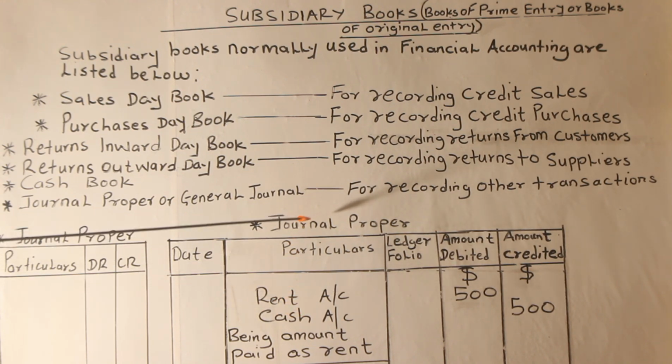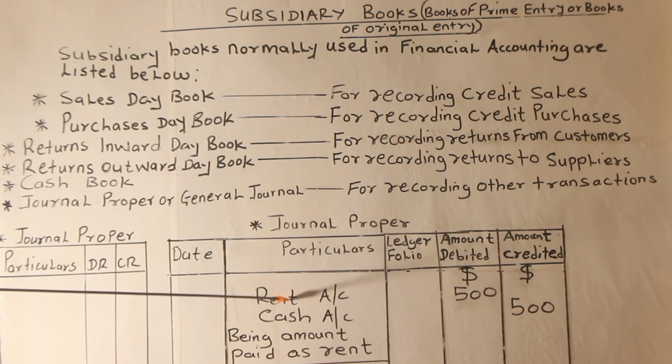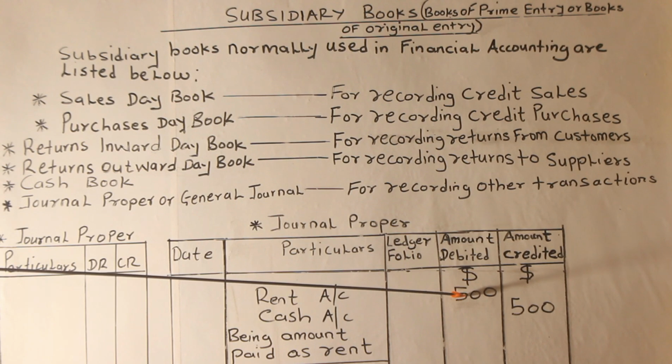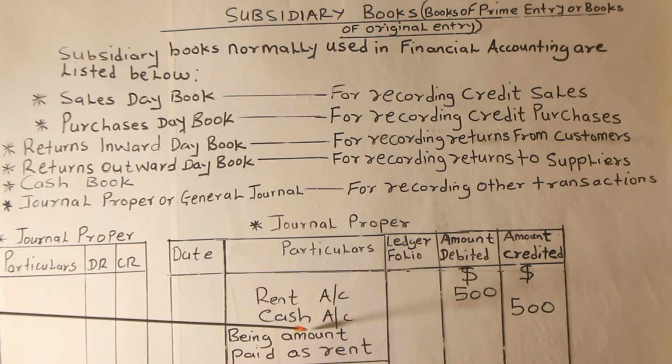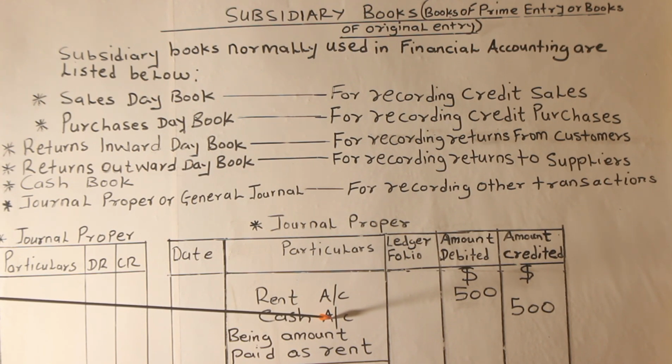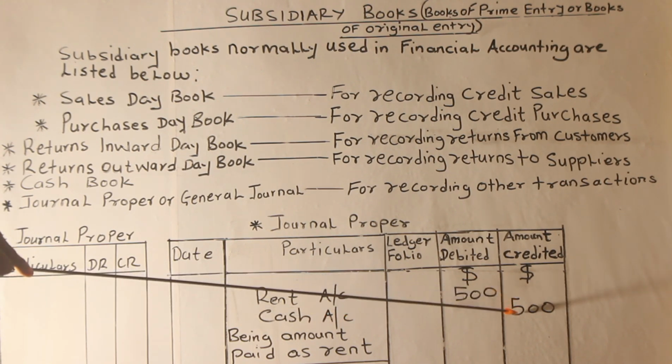If you watch properly, you will discover that the account to be debited is written first. It's rent account and the amount involved is $500 recorded on the debit side. Then the cash account that is to be credited is written on the credit side.